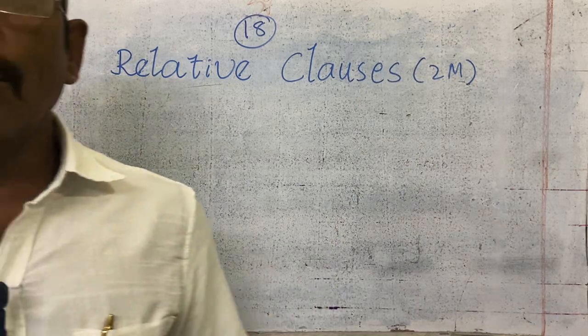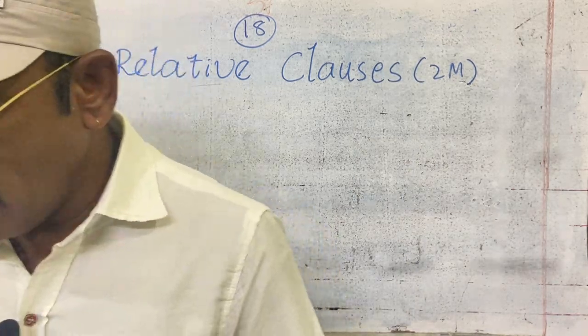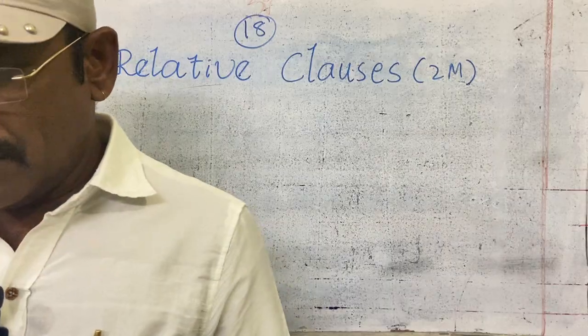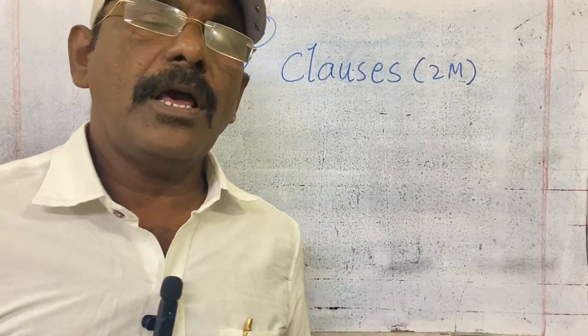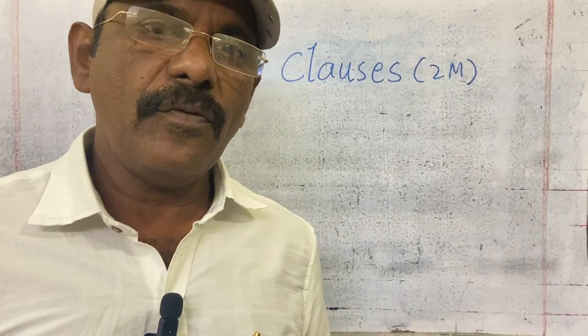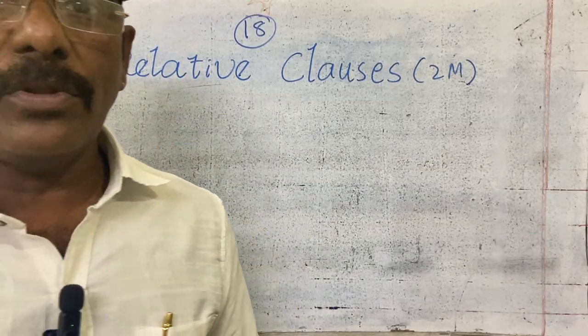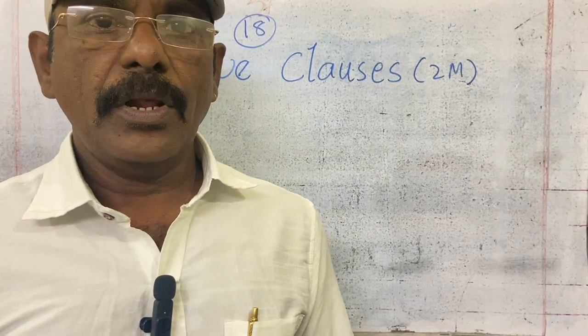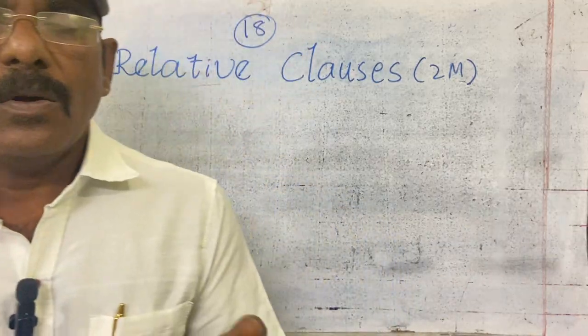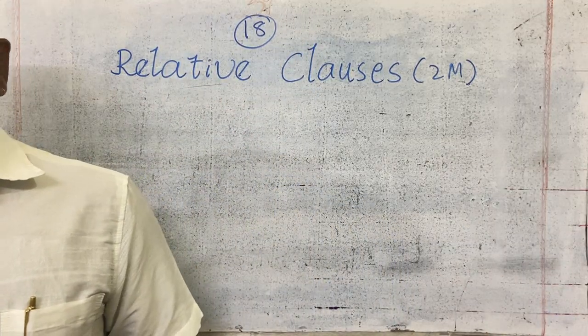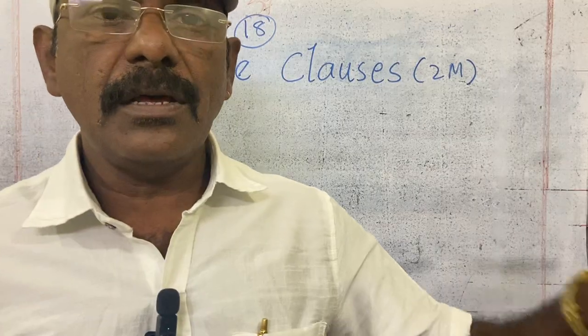Before we enter the relative clauses, what is the definition of this? This is also a type of clause that modifies a noun. Sometimes it gives more information about that noun also. A clause is a set of words which give certain meaning.